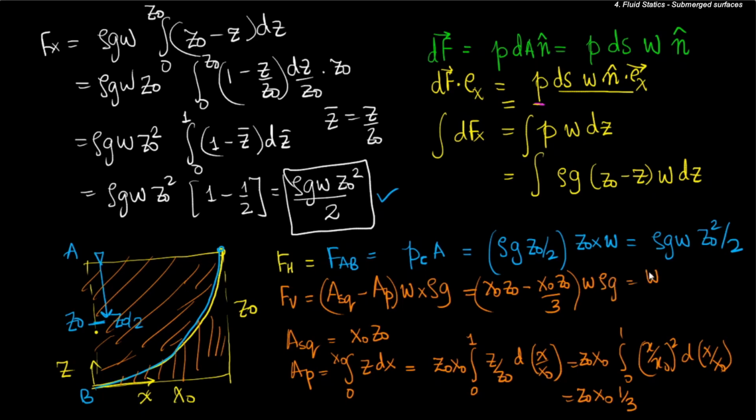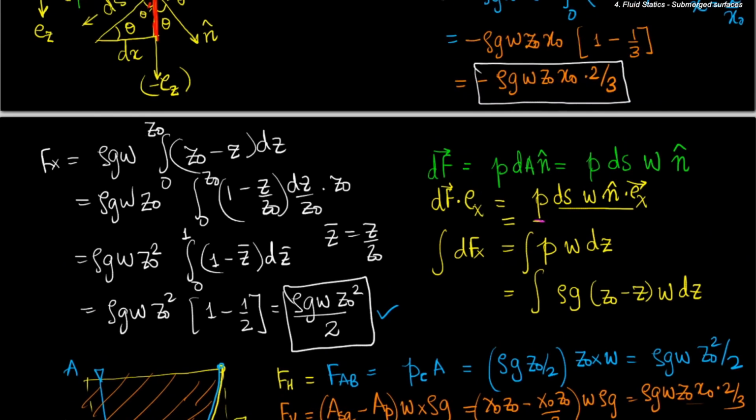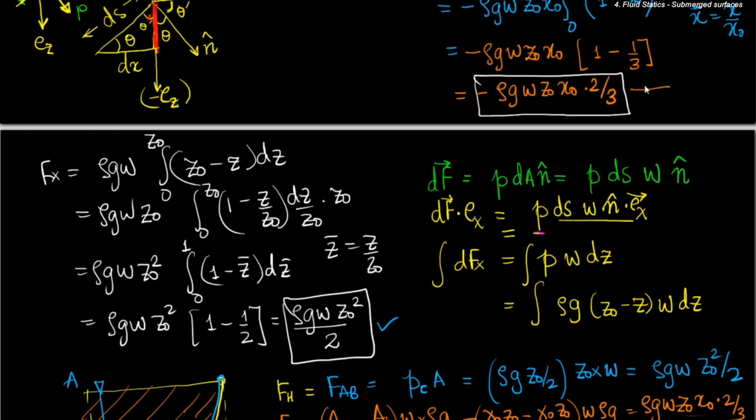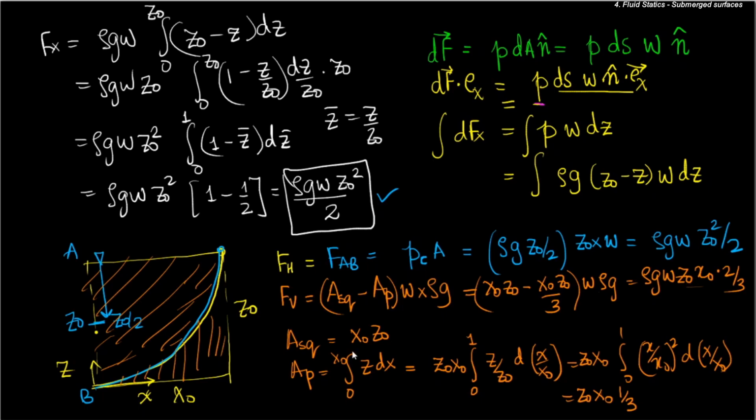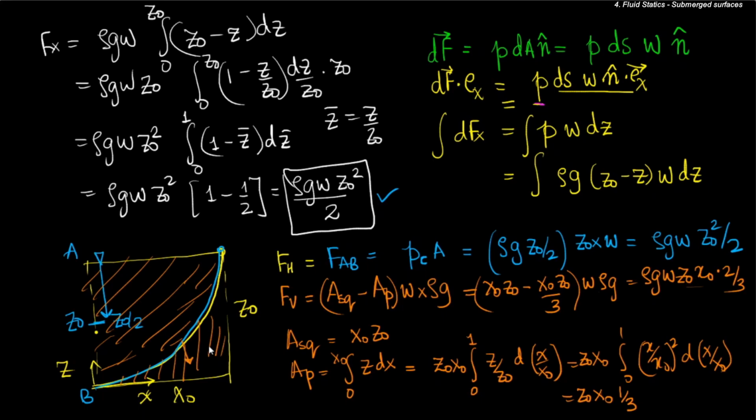So this is rho g w z naught x naught into 2 upon 3, because this is z naught x naught times 1 minus 1/3, which is 2/3 times z naught x naught. In fact this is also identical to this answer with the appropriate signage, of course. It's the weight acting on this, so it has to be a negative sign. So that much we have to always be on the lookout for.